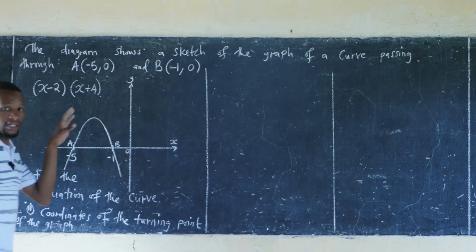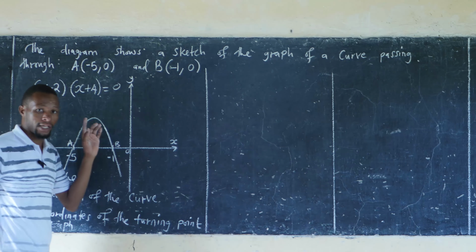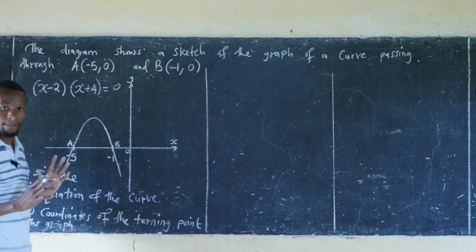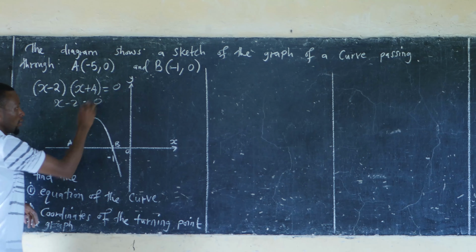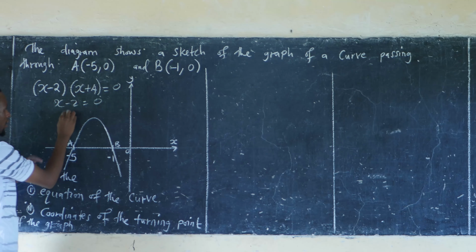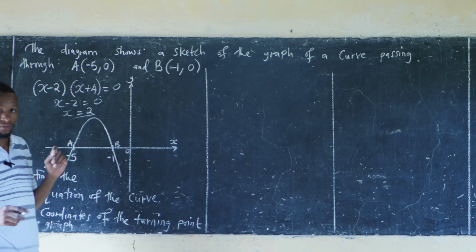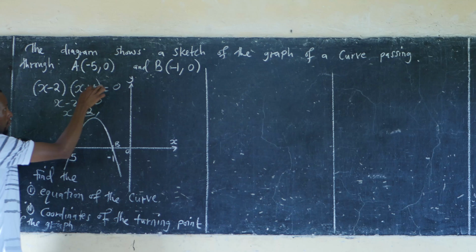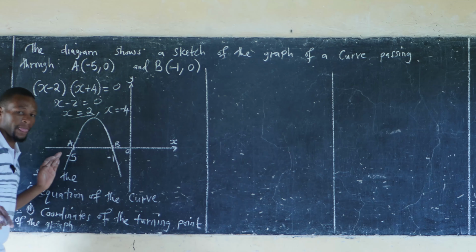To solve this, you are going to use the product rule, where you split these into 2. So this will be x minus 2 equals 0. After solving this, the 2 crossing the equals sign becomes a positive. At the same time, the 4 here will be negative.